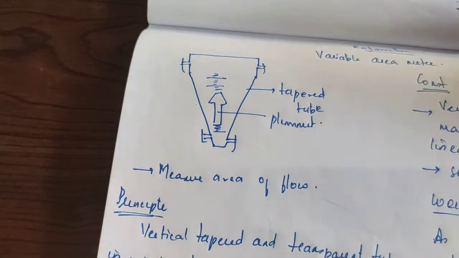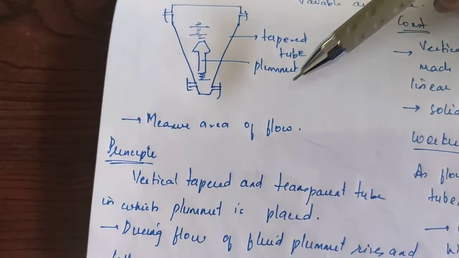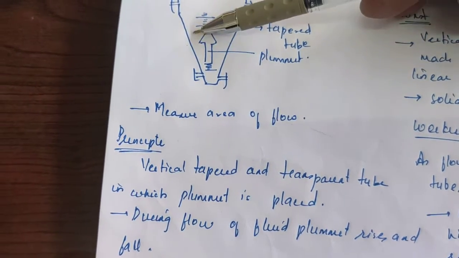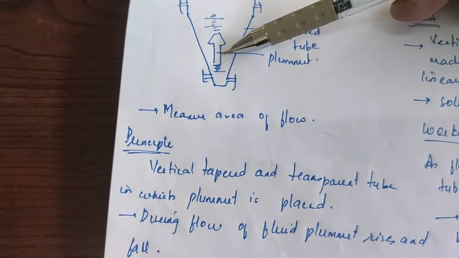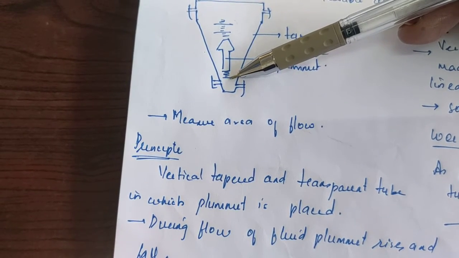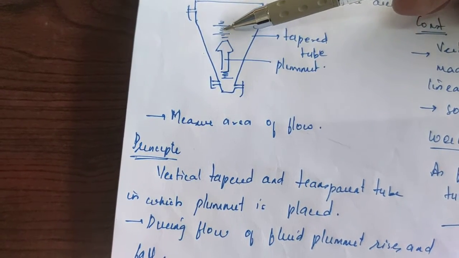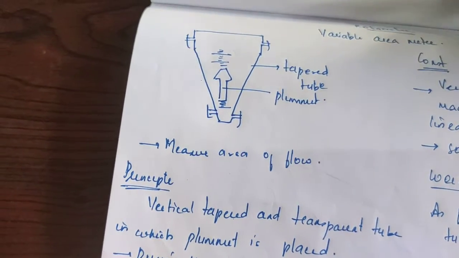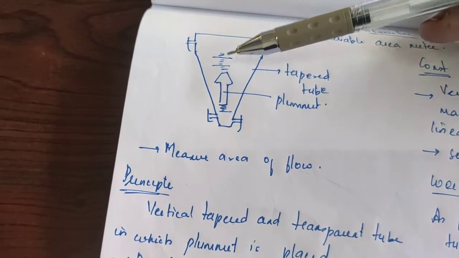Okay, this is the basic principle, that is vertical tapered and transparent tube is present in which plummet is placed. During flow of fluid, what happens? Plummet rises up, and after rising up, the reading is noted from the scale present here. And the construction involves vertical tapered tube made up of glass.